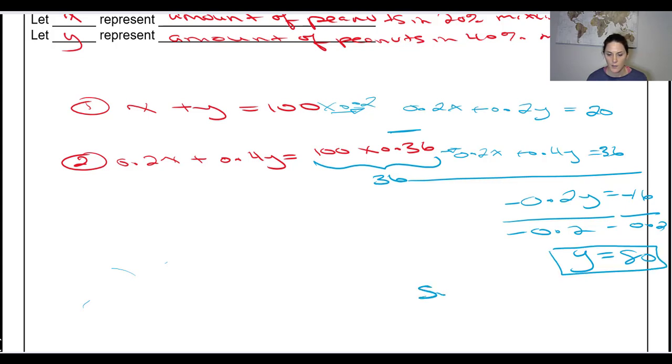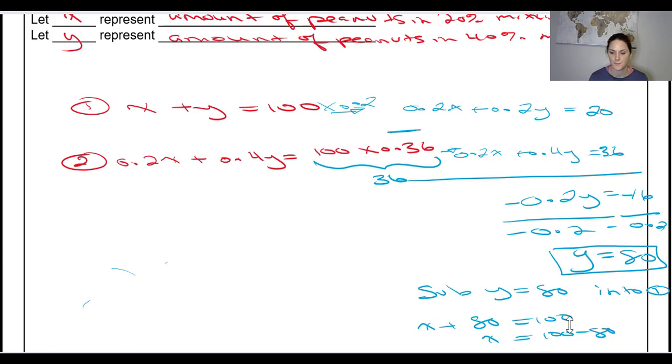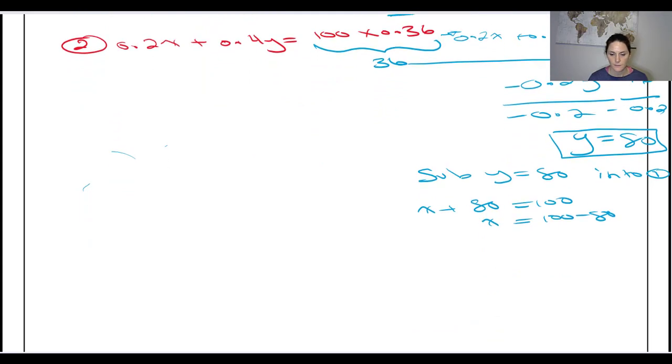So I'm going to sub y equals 80 back into equation number 1. So x plus 80 equals 100. So x is equal to 100 minus 80. So x is equal to 20. Then we just need to make our conclusion.